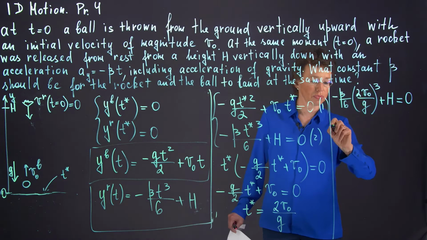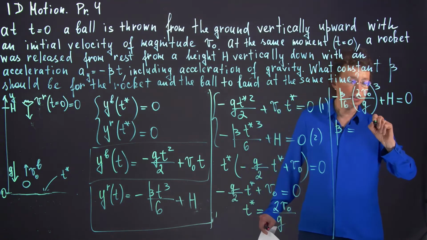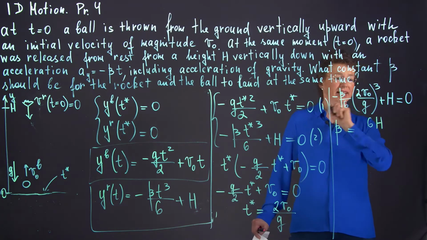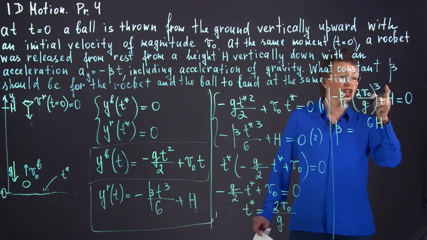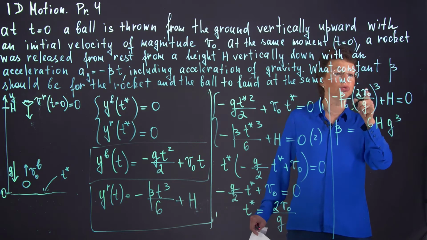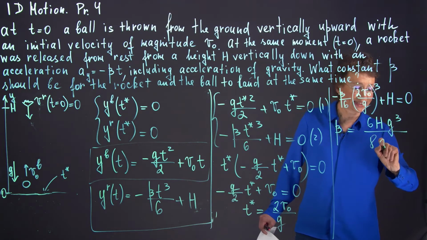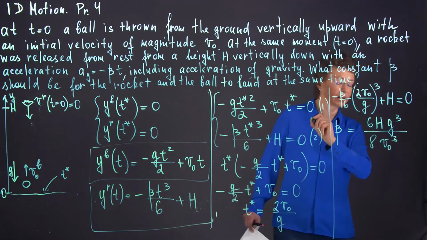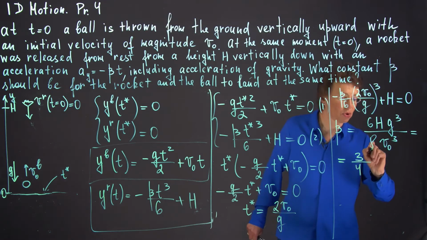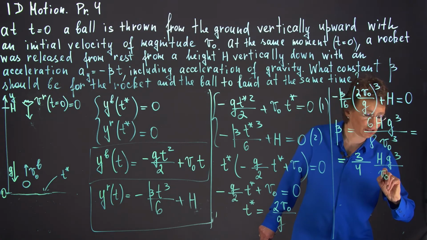We can do it. What is beta? Beta is h on another side of the equation. 6 on another side of the equation comes here. G cubed. And I divide it by 2v naught cubed. 2 cubed is 8. And then v naught cubed. We simplify it a little bit, and I get 3 over 4 h g cubed over v naught cubed.